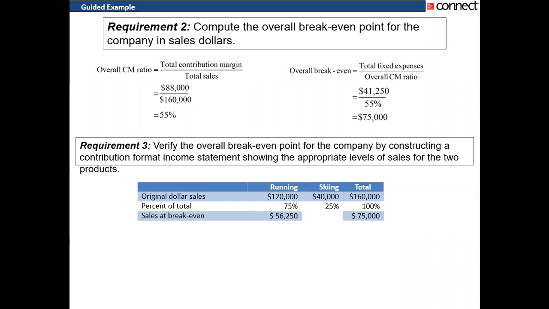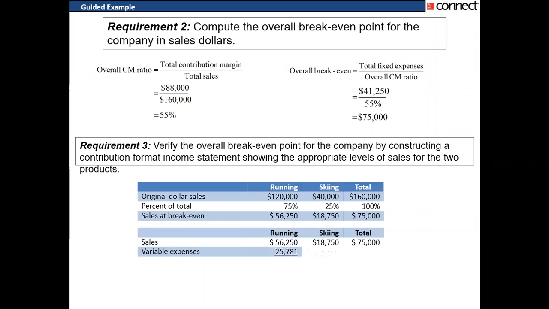We applied 75% on 75,000 to get the break-even sales for running, and similarly for skying. Then we applied the variable expense relationship from the existing information to get the variable expense number. And after applying the variable expenses, we get the contribution margin in this way.